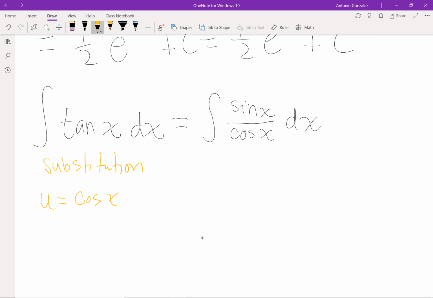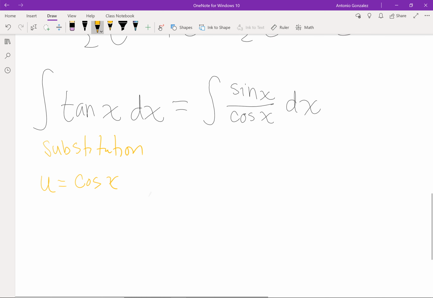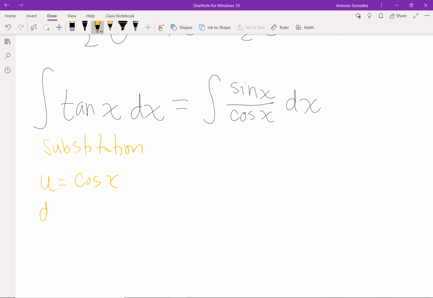The reason for that is I see the derivative of cosine is negative sine, and I see the sine in the numerator. So the goal here is to get it into the basic form 1 over u by applying this substitution. So that means that du is equal to negative sine x dx.